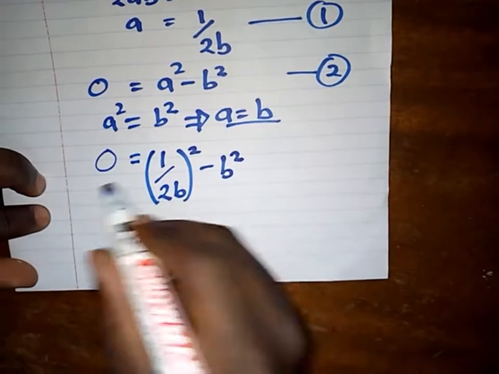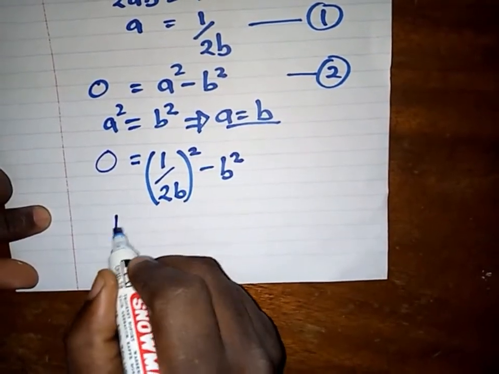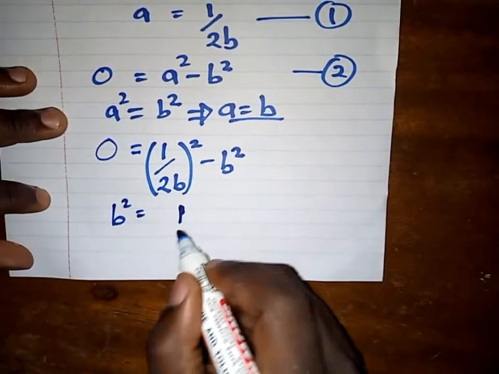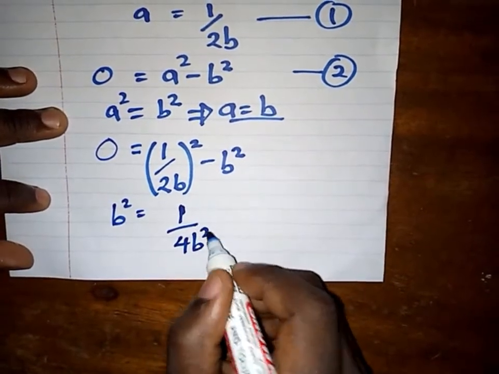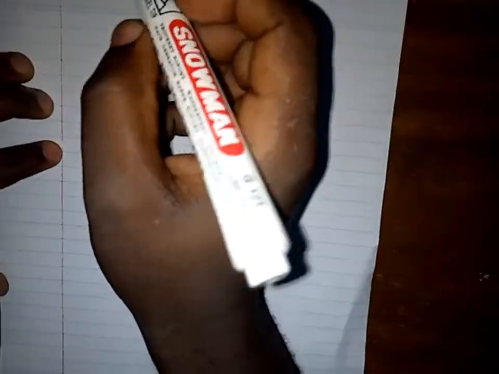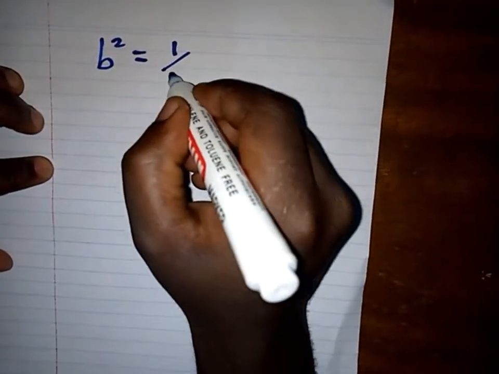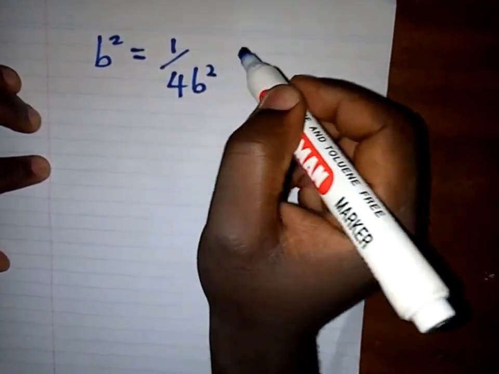So this is the same as, take this on this side, b squared equals 1 out of 4b squared. This is the same as b squared equals 1 out of 4b squared.